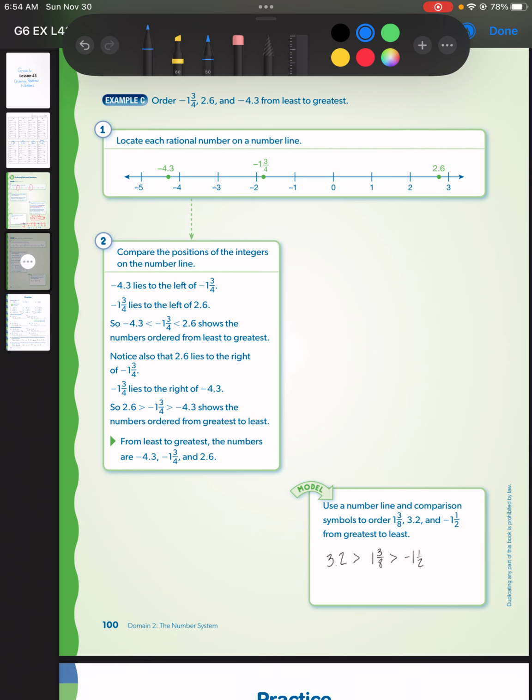You want to model for students how to use a number line and symbols to compare 1 and 3/8, 3 and 2/10, and -1.5. Your first step is you want to draw that number line.